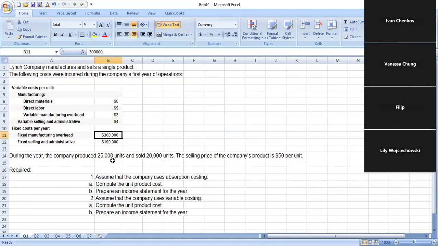If production is more than sales, then naturally absorption costing is going to give you higher income. If production is equal to sales, there will be no difference between both systems. But that's never going to be the case, because that kills all the joy of testing students. Make sense?